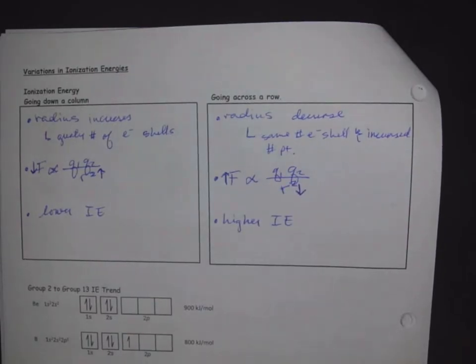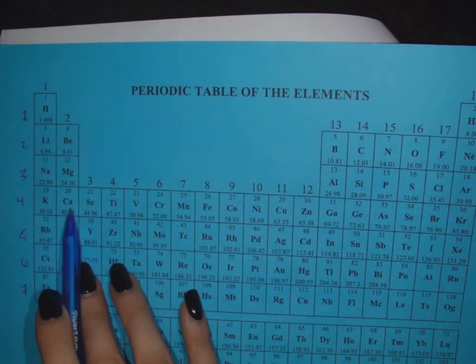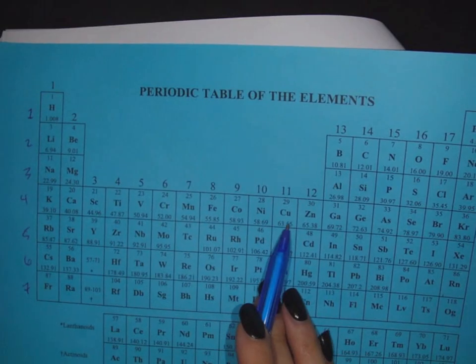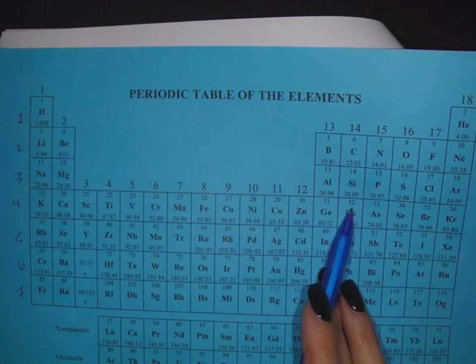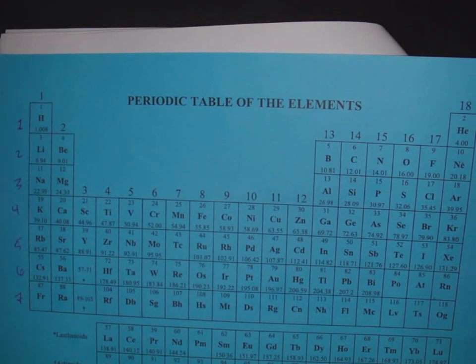Again, those would be the 3 points that I hit when talking about ionization energy going across a row. I'd say going across the row, atoms have the same number of electron shells, but the number of protons increases. This greater number of protons pulls on electrons more strongly, causing the radius to be smaller.